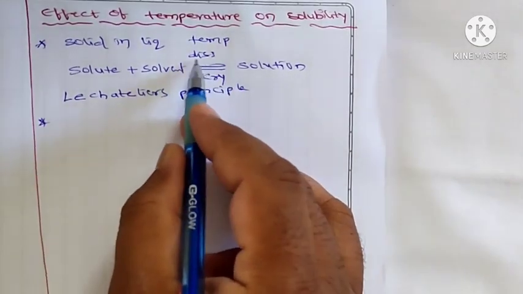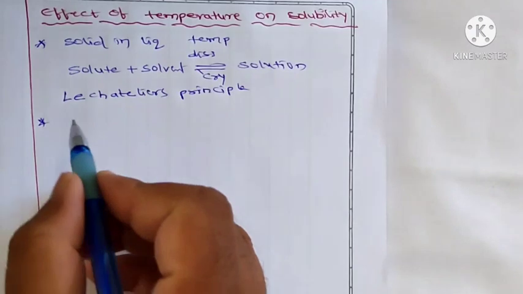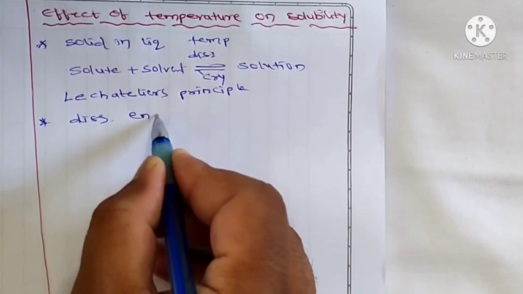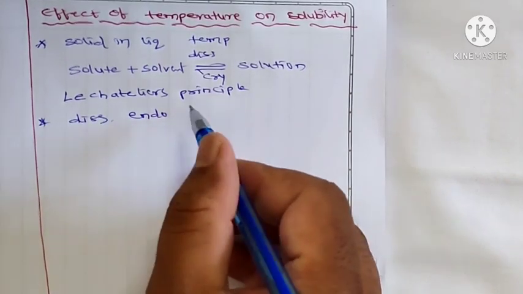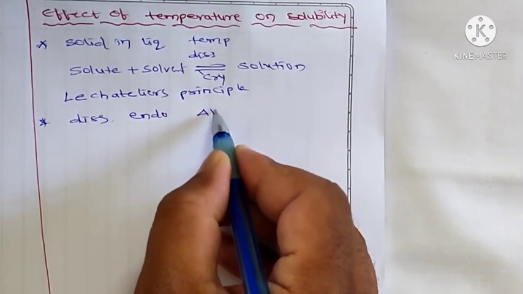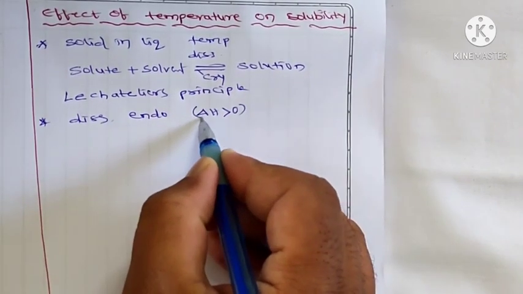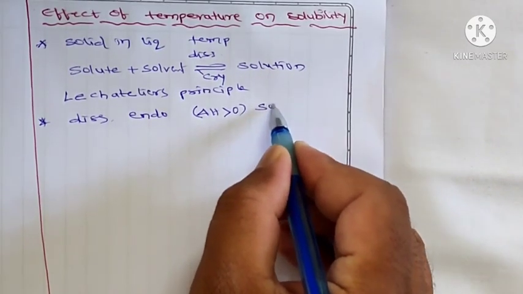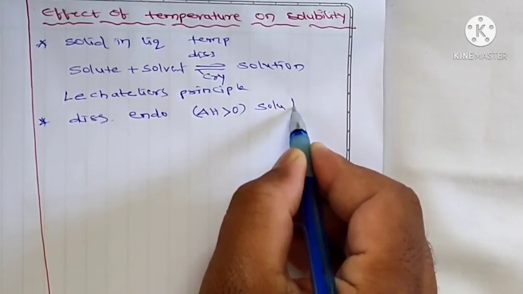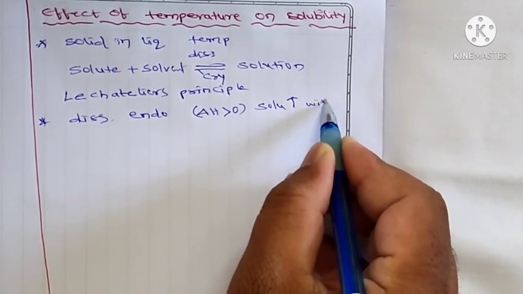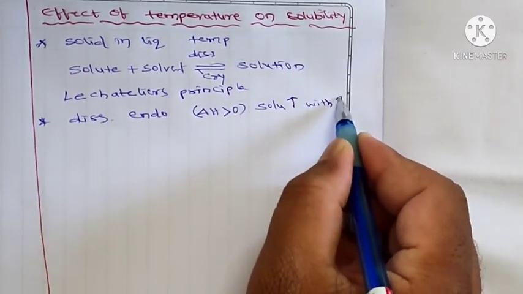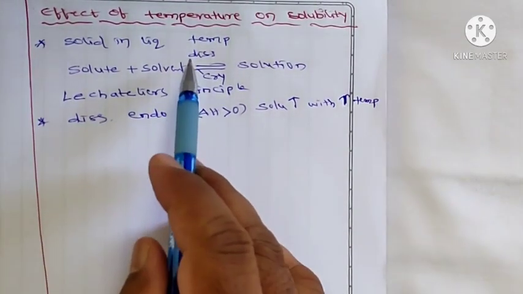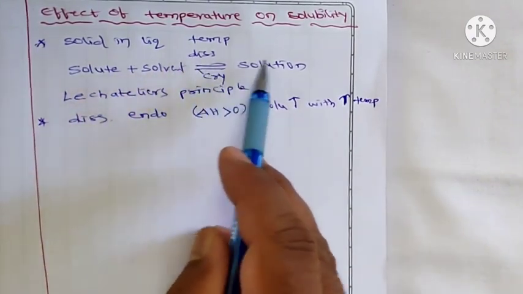So here, if the dissolution process is endothermic, meaning delta H is greater than 0, the solubility increases with increase in temperature. The forward process is the dissolution process.